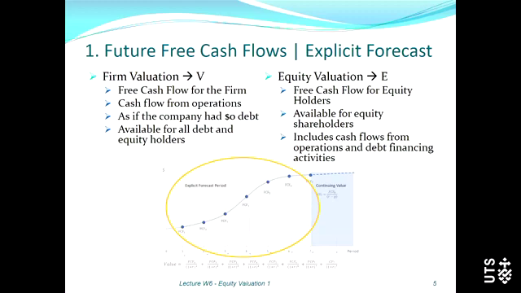So what we are doing at the cash flow level is not paying any attention to what the debt structure is. We will take care of that when we incorporate the discount rate. But at the cash flow level, this is a cash flow as if the firm had no debt whatsoever.